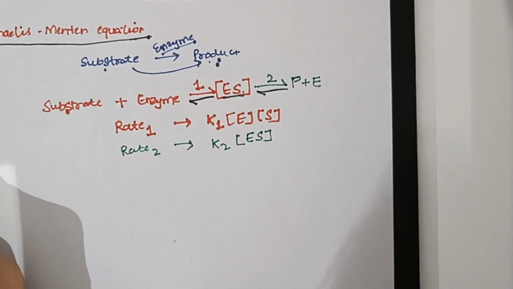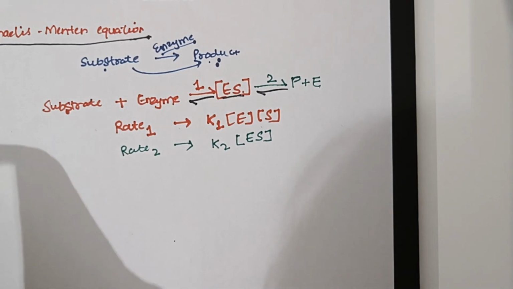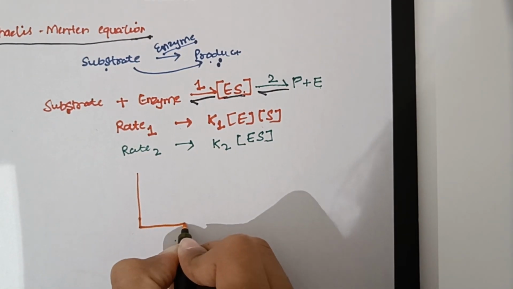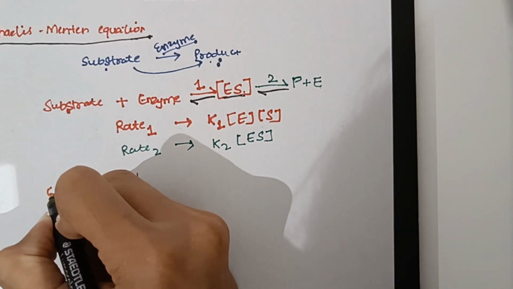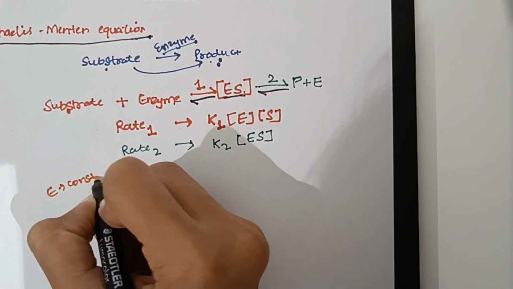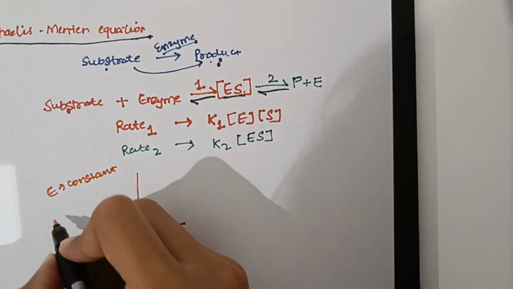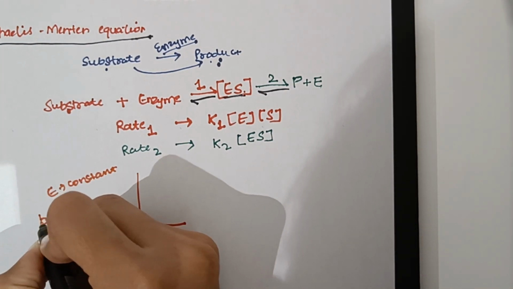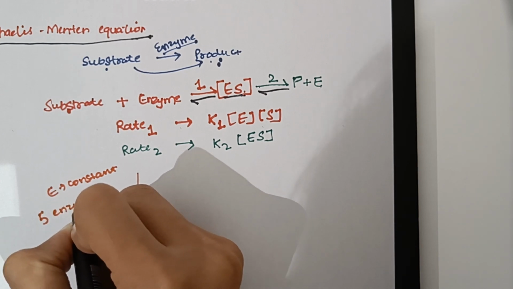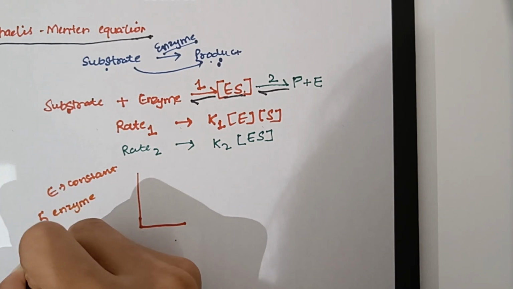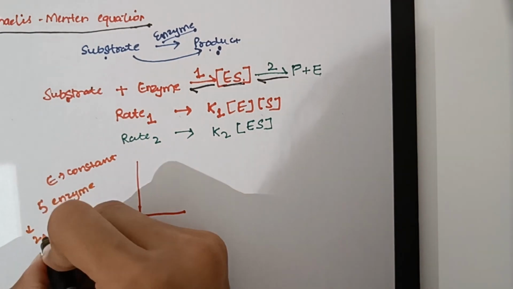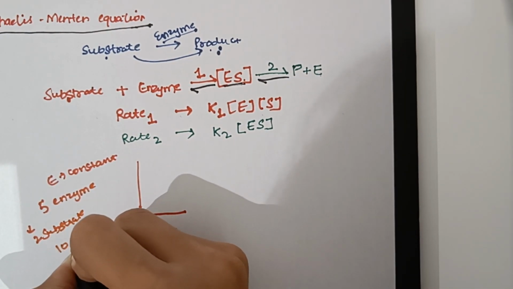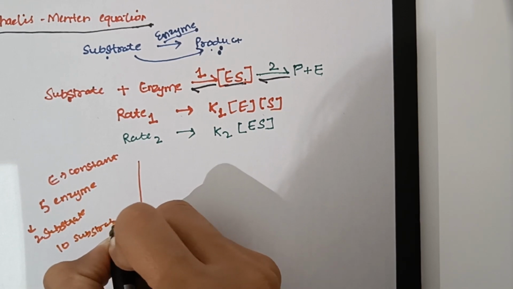In this reaction the enzyme remains constant. Suppose you have 5 enzymes and each enzyme can bind only 2 substrates, so in total all the enzymes can bind 10 substrates.